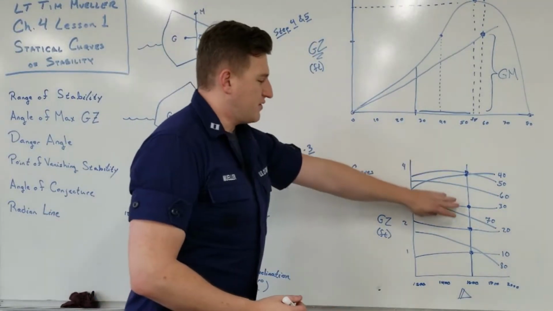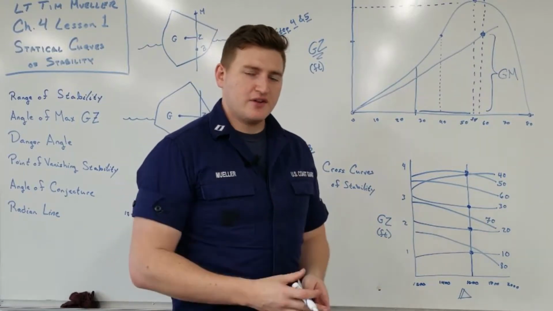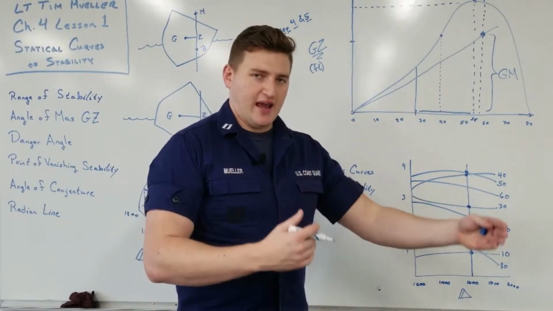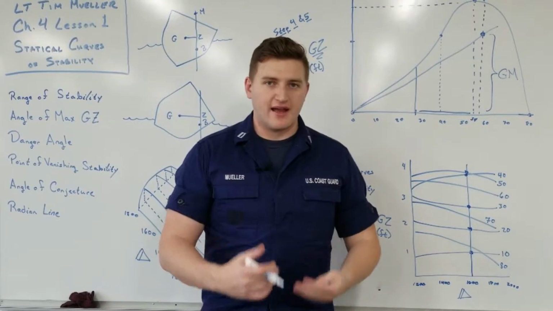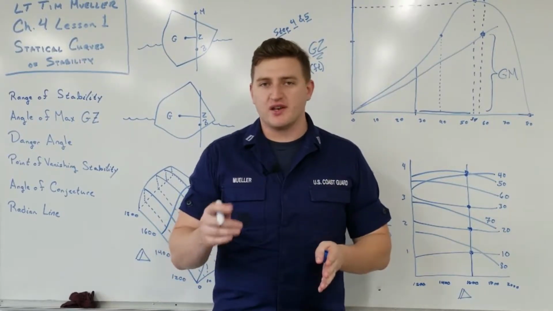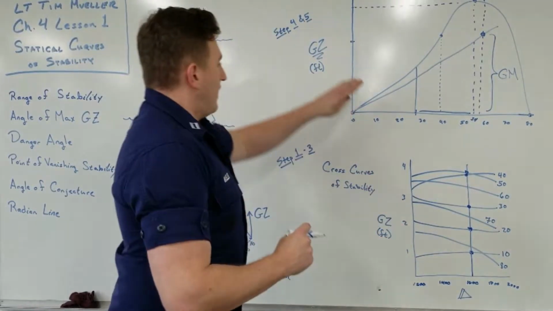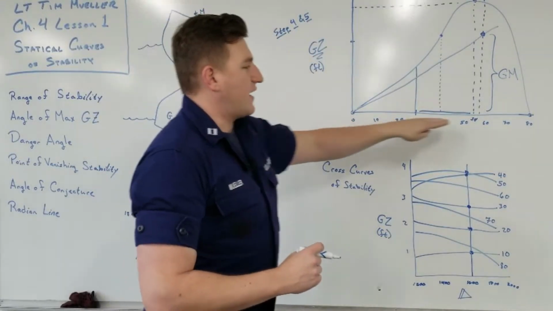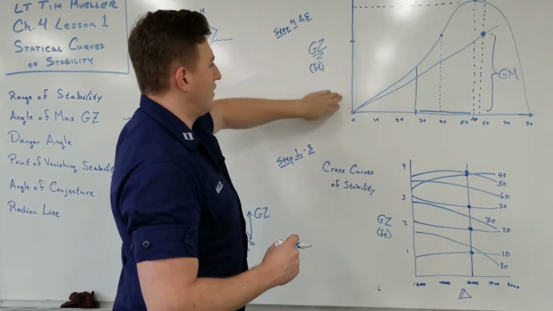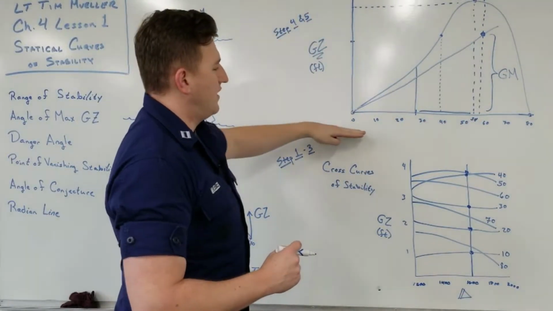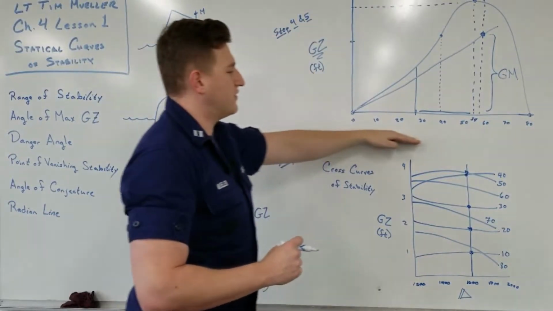So now that we have all those dots, we know at our displacement and at each angle, not every single angle of inclination, however, we have a lot of information in order to draw a graph. Then we go to a blank set of axes, with righting arm on the vertical axis and angle of inclination on the horizontal axis.